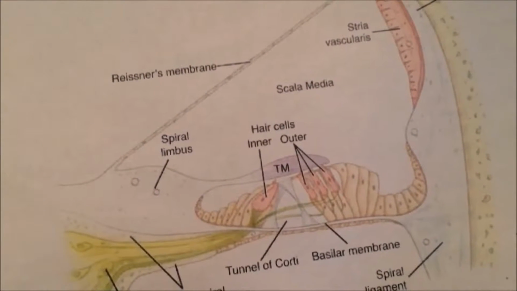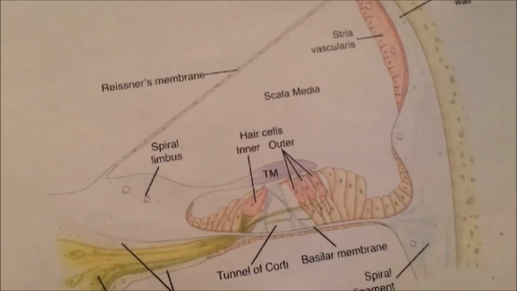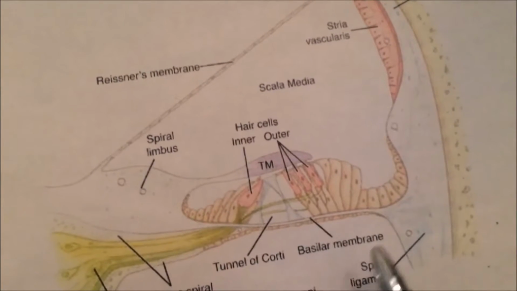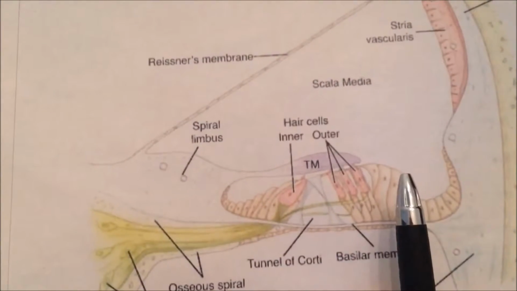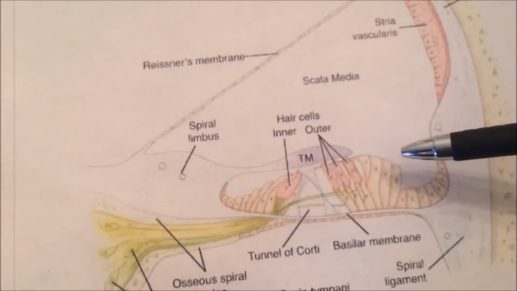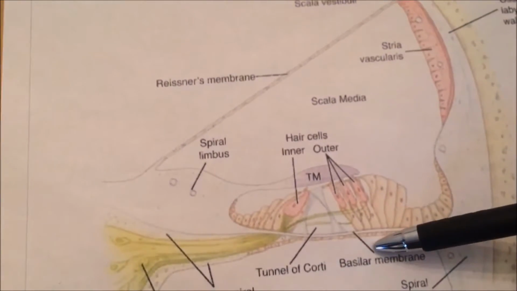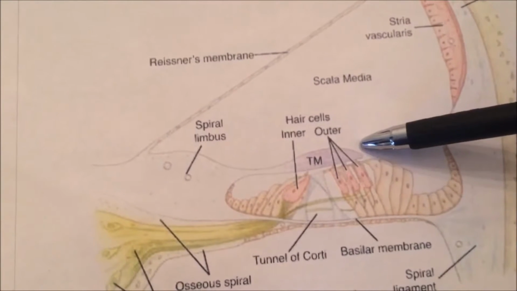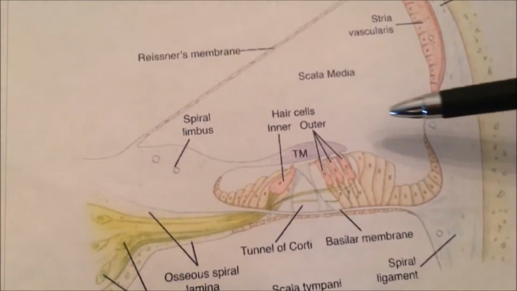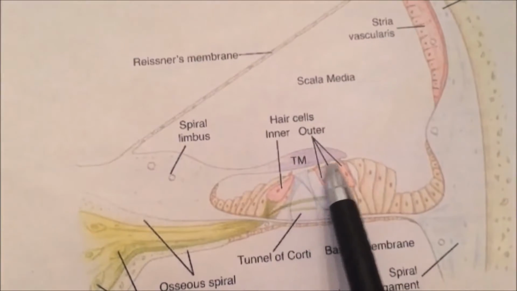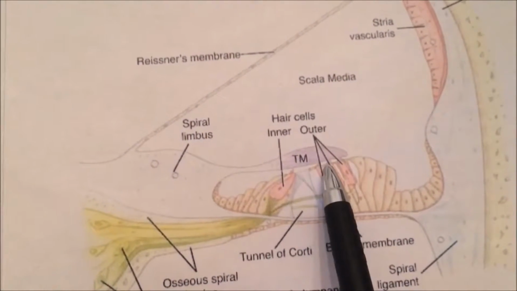The fluid of the cochlear duct then displaces the basilar and tectorial membranes and creates a shearing motion. The tectorial membrane then shears the stereocilia here.